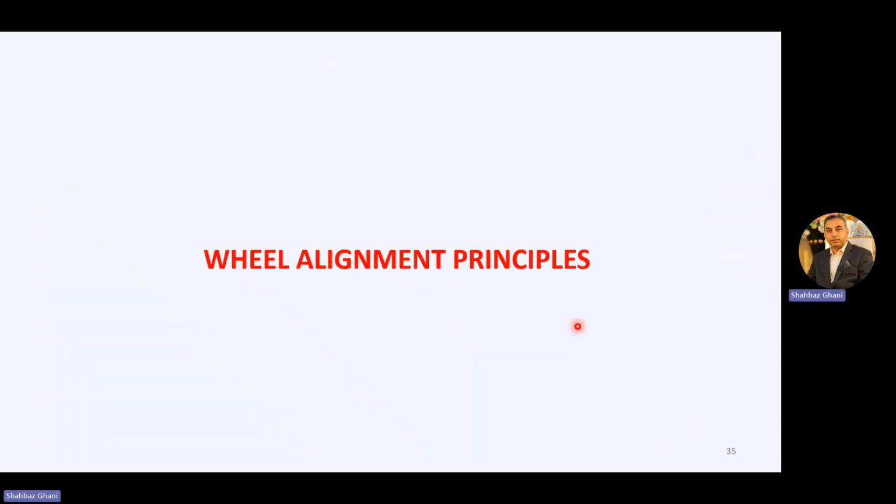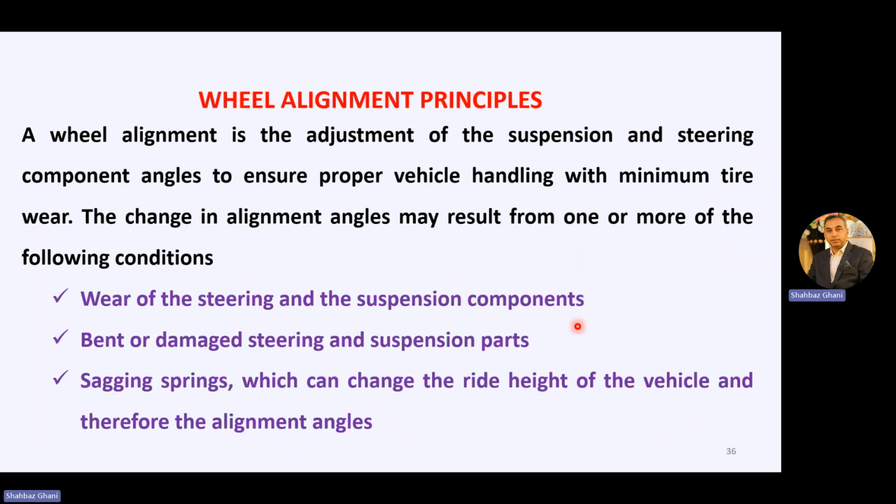Now, the second subtopic of today's lecture is the wheel alignment principles. Wheel alignment is the adjustment of the suspension and steering component angles to ensure proper vehicle handling with minimum tire wear.